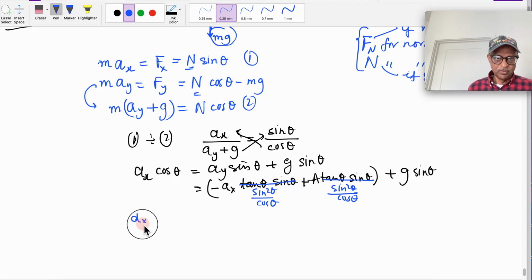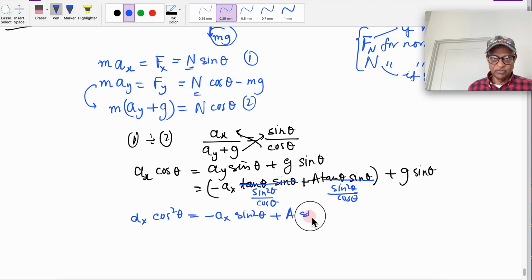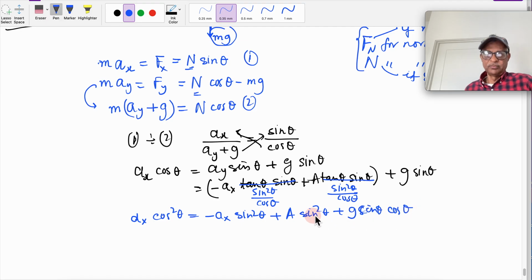So ax cosine square theta equals minus ax sine square theta plus a sine square theta plus g sine theta cosine theta.